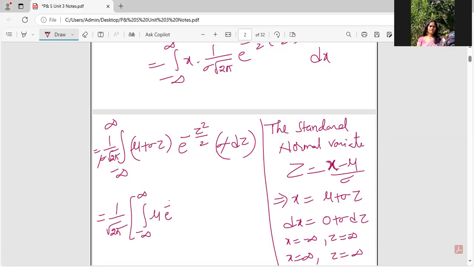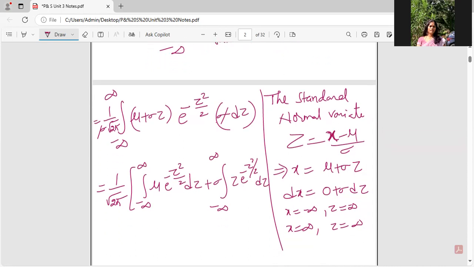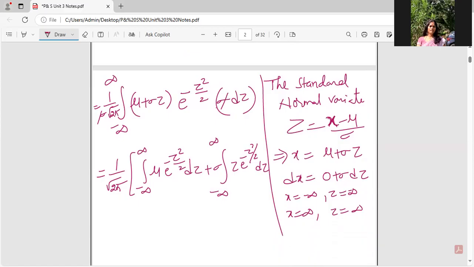Mu e power minus z squared by 2 dz is one integral, from minus infinite to plus infinite. There's one more with sigma, which can be written out as z e power minus z squared by 2 dz. Now clearly, whenever I have the integral from minus a to plus a of f of x dx, if I know the characteristics of f of x, then I can write certain things.